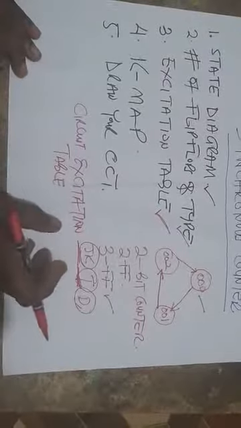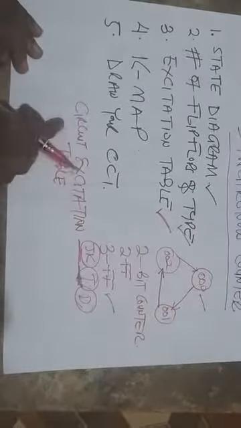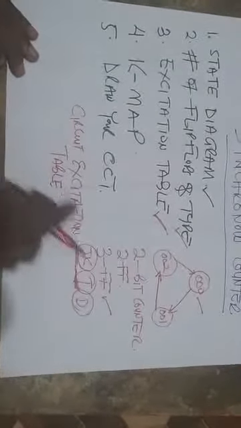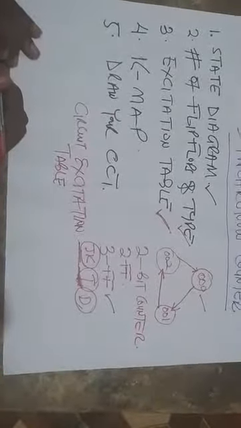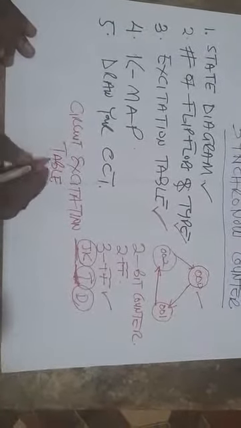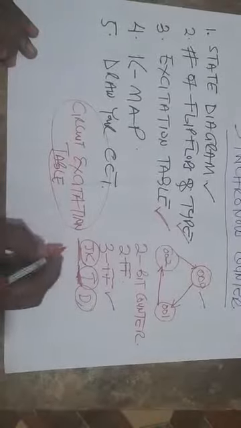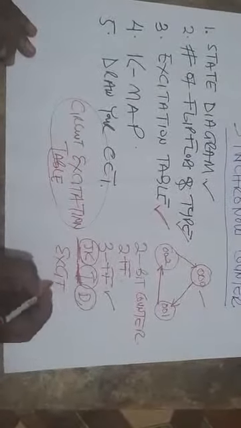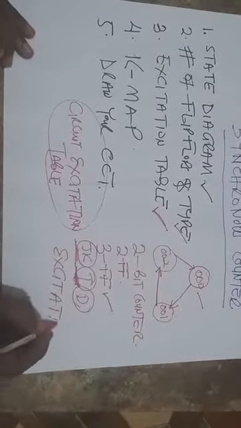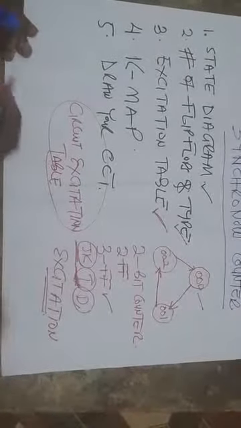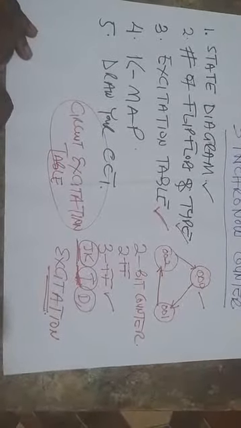Now I need to obtain the circuit excitation table for my design. And you get this from the excitation table of a particular flip-flop that you are going to use.